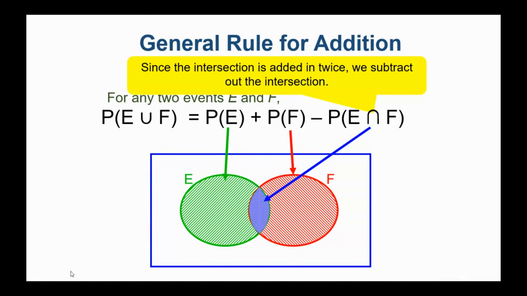I'm assuming it'll be beneficial. If you're a visual person, it might help you. So if you just want to remember one rule for addition, and don't want to have to remember 2 cases and all that, then just remember this one. Because if they're disjoint, meaning they don't overlap, this one's just going to turn into a 0.